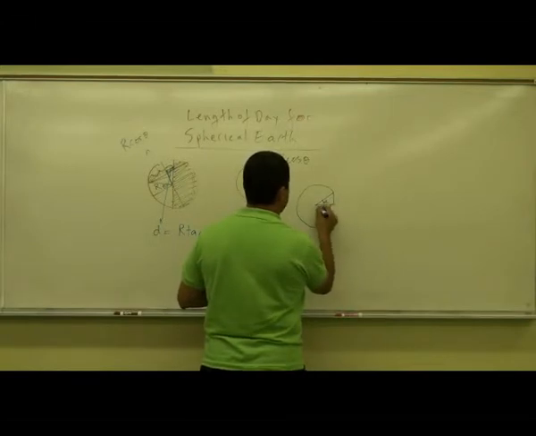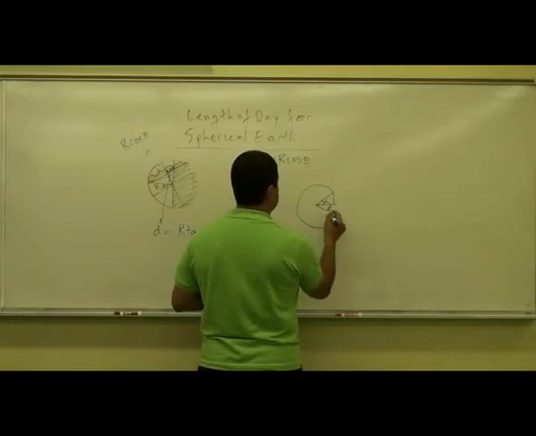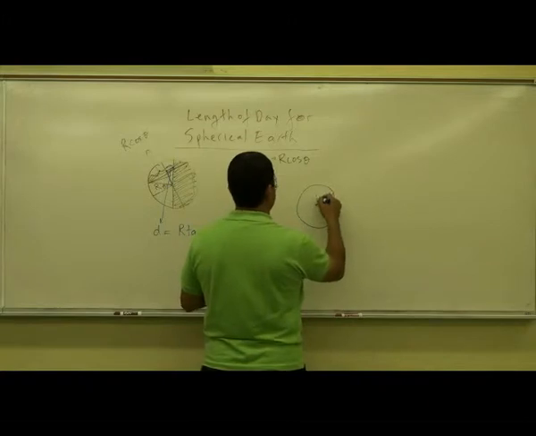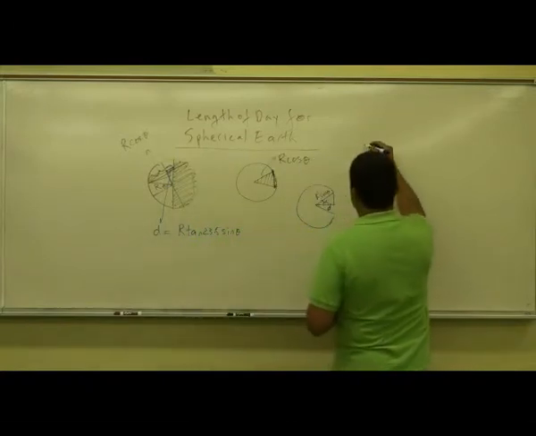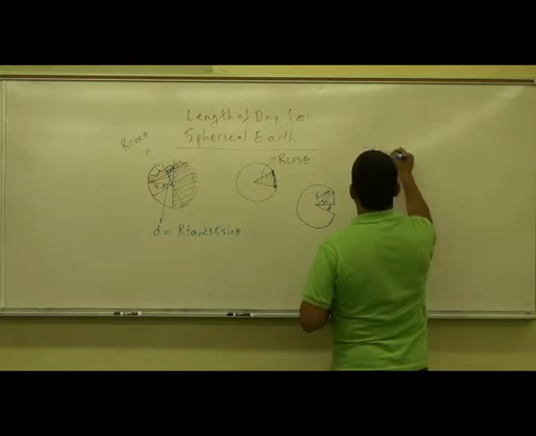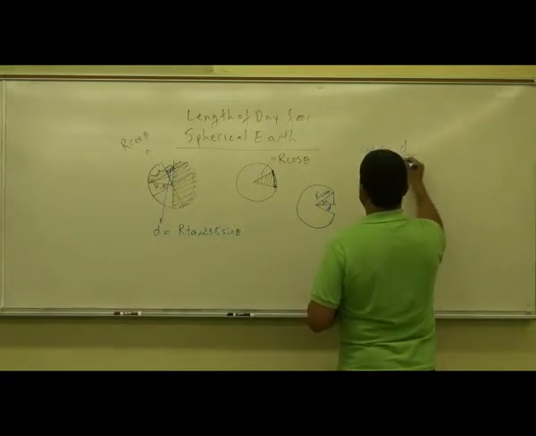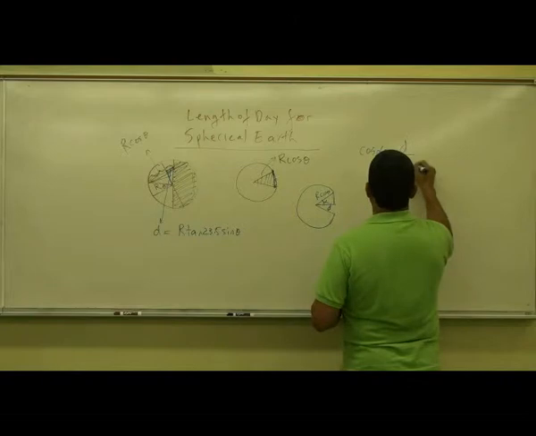This distance from here to here is d, and this is alpha, and this is my radius r cosine theta. So I'm going to say cosine of alpha is equal to d divided by r cosine theta.